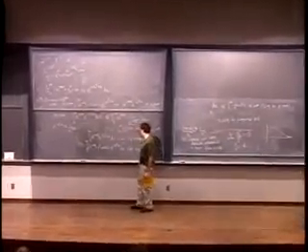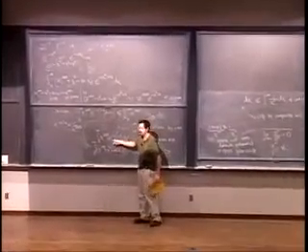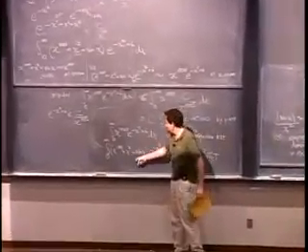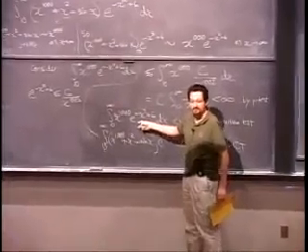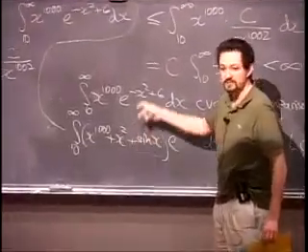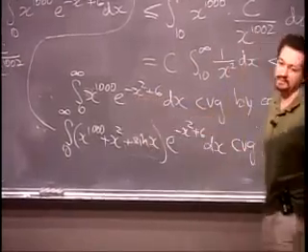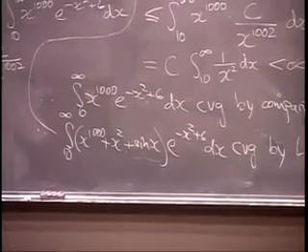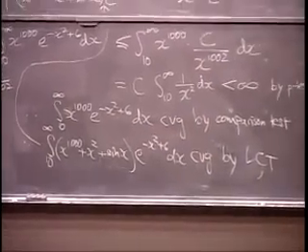The problem is, this one's actually bigger than this one. You really want this to be smaller than this if you're going to use comparison. So comparison doesn't work from this to this. You need to use the limit comparison in this case. So I did actually use the limit comparison test and the comparison test separately.